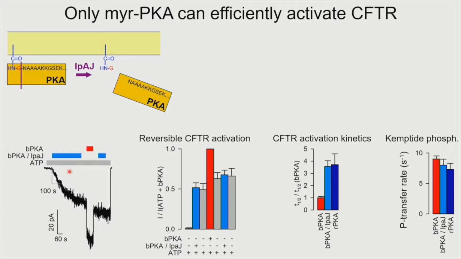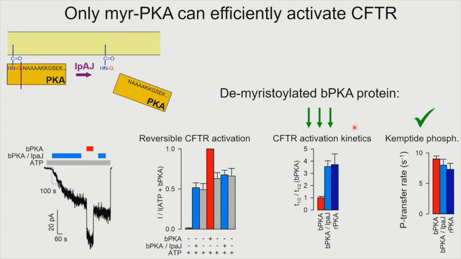You can also see that EPA-J treatment completely eliminates the ability to reversibly activate the CFTR channel. So we conclude that demyristoylation does not affect the phosphotransfer rate of PKA towards soluble substrates, but it greatly slows CFTR activation kinetics, and it eliminates reversible CFTR stimulation.